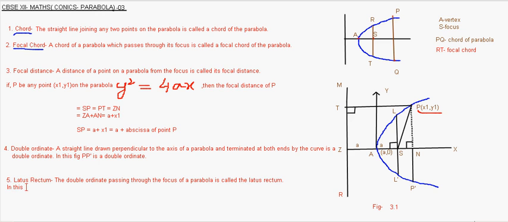In this figure, L, S, L dash is the latus rectum. So these are the 5 definitions, main definitions of the chapter parabola.